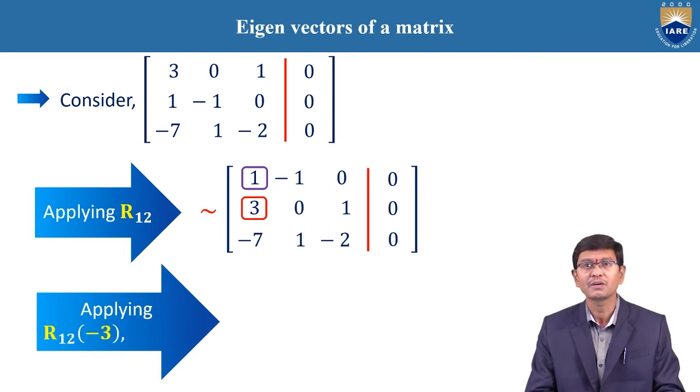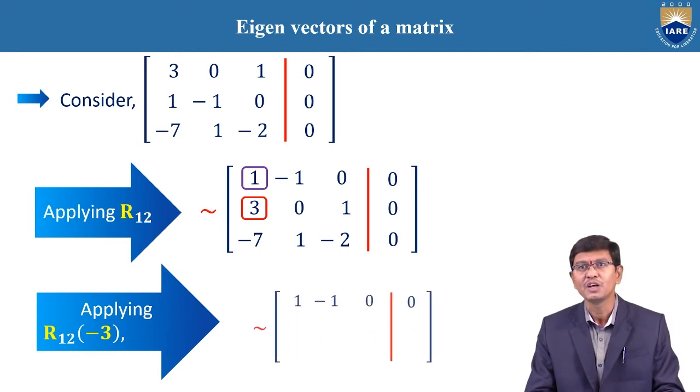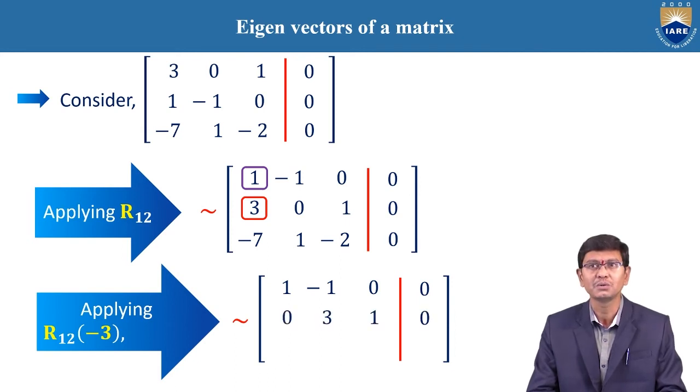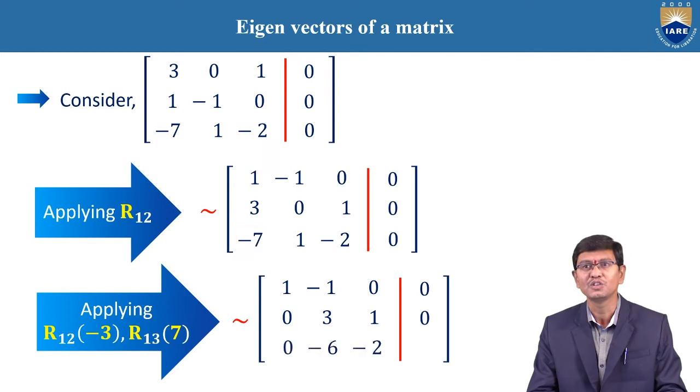Once again, we apply R12 of minus 3, that is R2 minus 3 into R1, with the help of elementary row operations. The first row has no change, 1, -1, 0, 0. The second row is changed to 0, 3, 1, 0, and for the last row we apply R13 of 7, that is R3 plus 7 into R1. Therefore, -7, 1, -2 changes to 0, -6, -2, and 0.